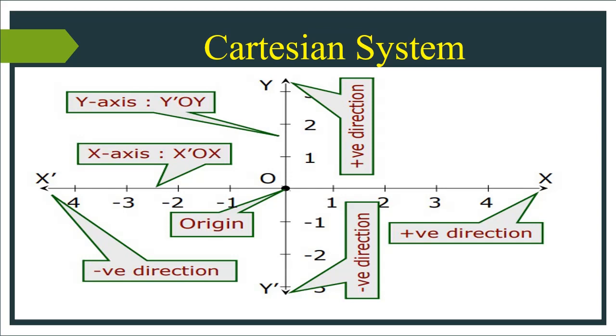These two lines are kept perpendicular to each other at the point origin, whose coordinates are (0, 0). Towards the right of the origin, you will find positive numbers. Towards the left of the origin, you will find negative numbers. Above the origin, positive numbers, and below the origin, negative numbers.